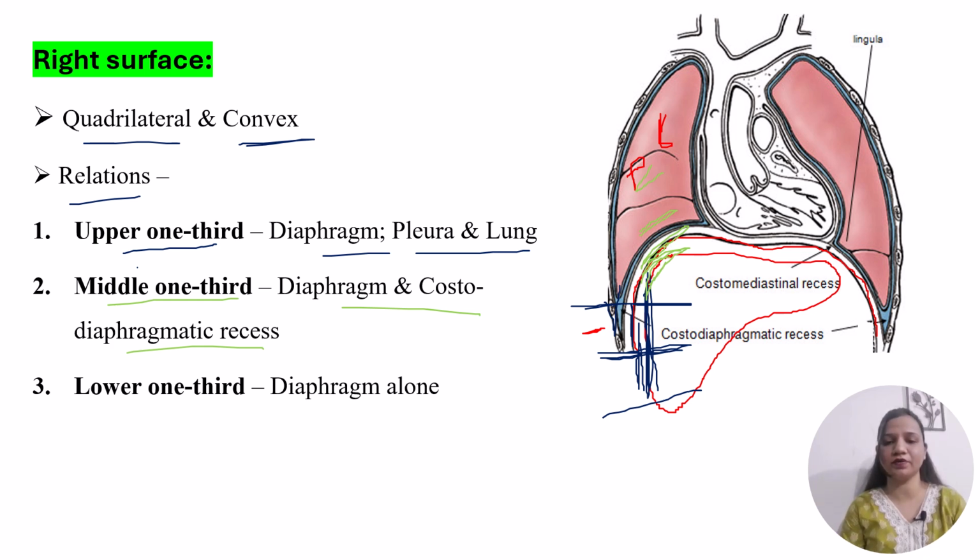First one is the upper one third, which is related with the lung, pleura, and diaphragm present here. The middle one third is related with the diaphragm and costodiaphragmatic recess, and the lower one third is related with only the diaphragm. Okay. So that's all for today's lecture.